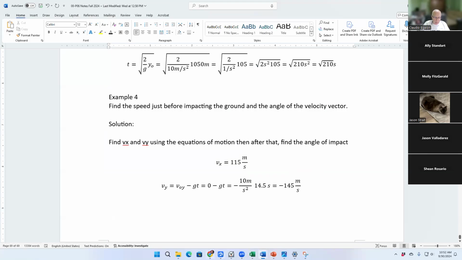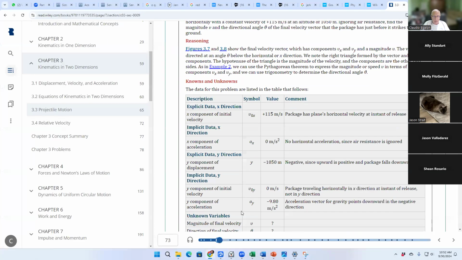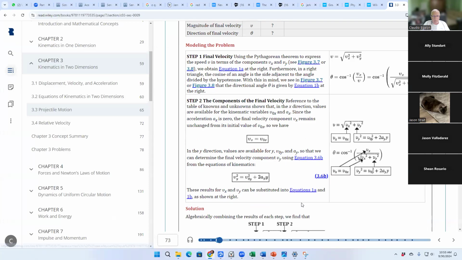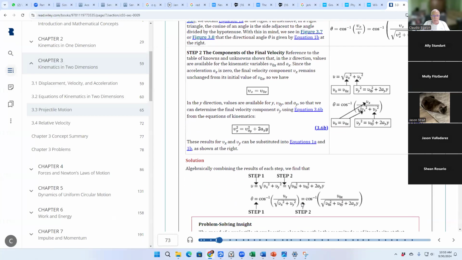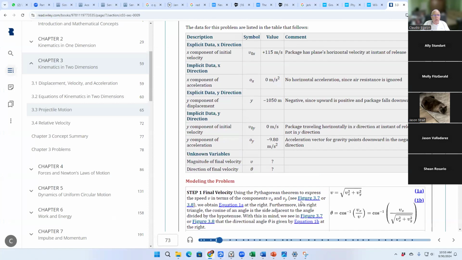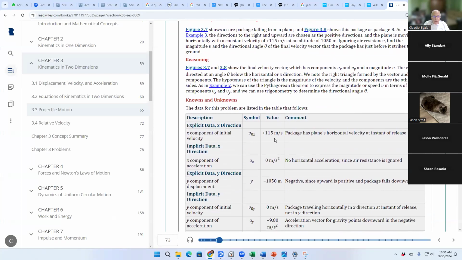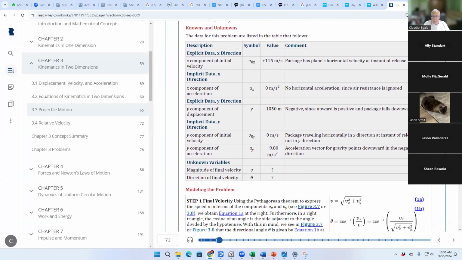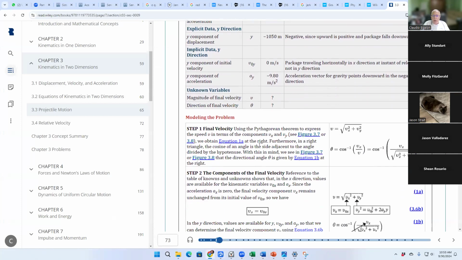Okay, let's take a look at the book. Let's see what he did here. V naught y. Yeah, find the final velocity. Oh, he's doing cosine. Okay, he's doing a different way. I'm doing the tangent. I feel it's easier.